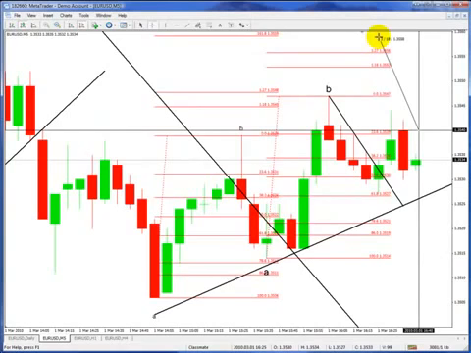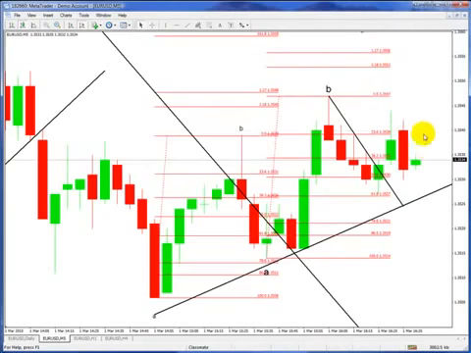So that equity management wouldn't allow you to enter that trade anyway, but you're still in this fundy situation, so you won't be in it anyway. Fundy in around about 3 or 4 minutes, okay? So that's another good example of a trade, but a good example as to why you would not enter the trade. One was because of a fundamental announcement, and the other was because of the equity management.